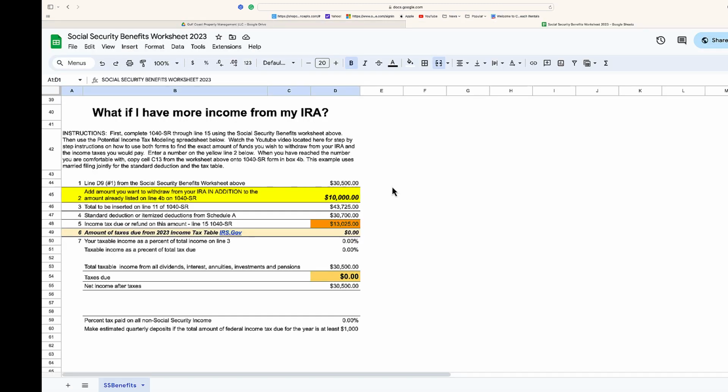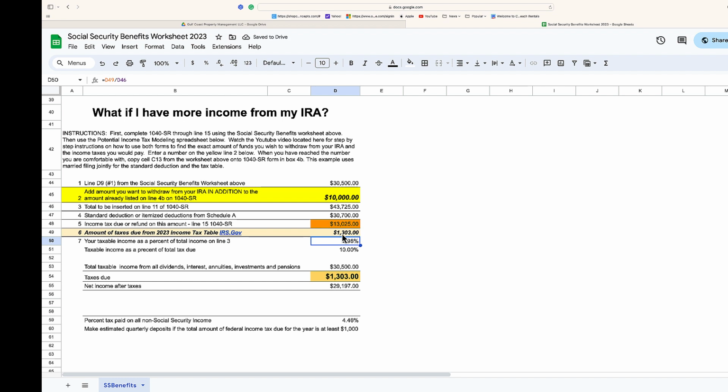Well, we're back, and the $13,025 of taxable income, we have to put in right here the amount from the tax table. So that was $1,303, and here we are.